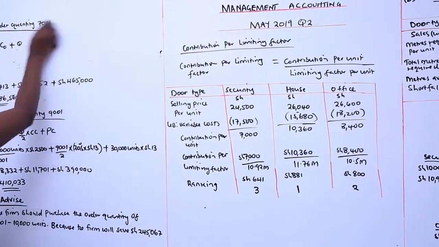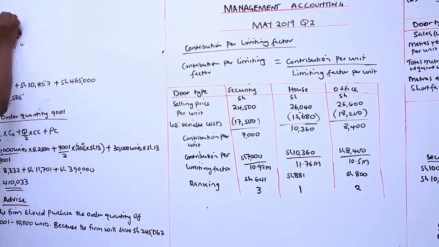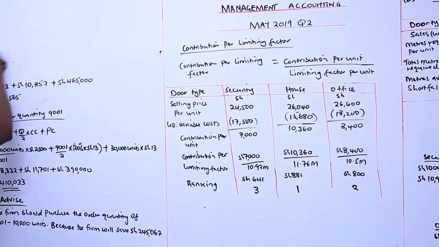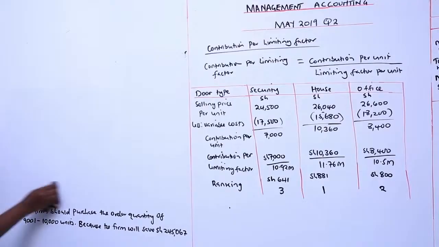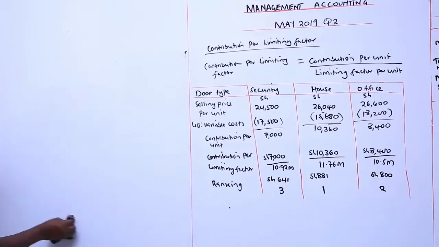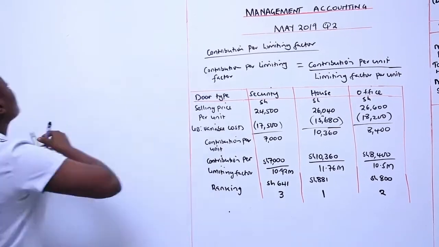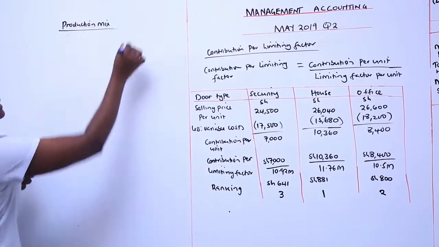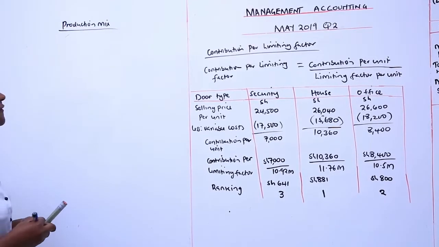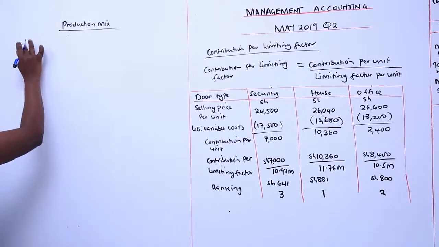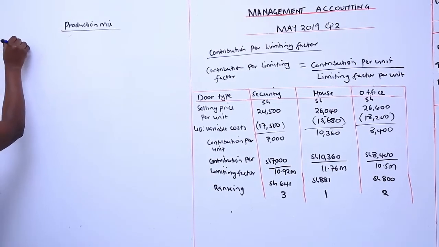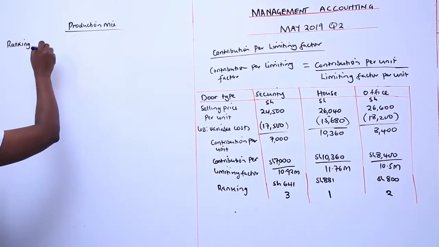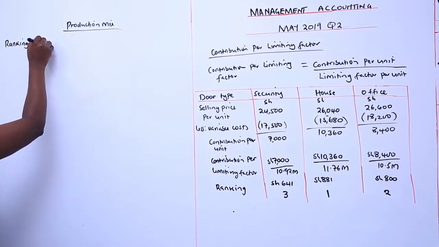So let's now calculate the production mix for the farm. We determine the production mix of the farm. So we need to show the ranking. We show the door type.